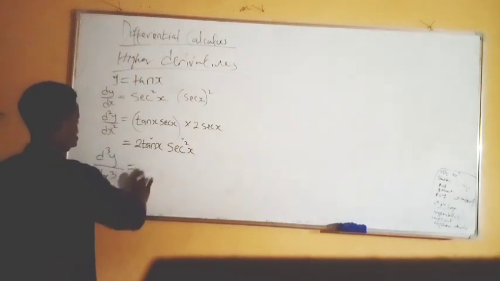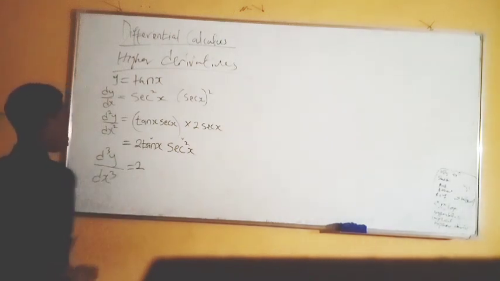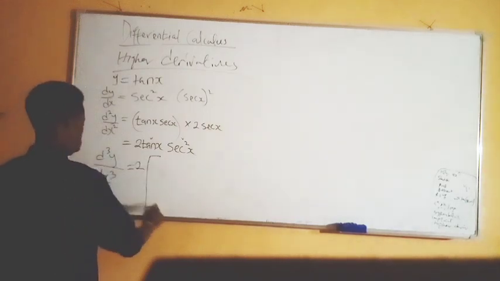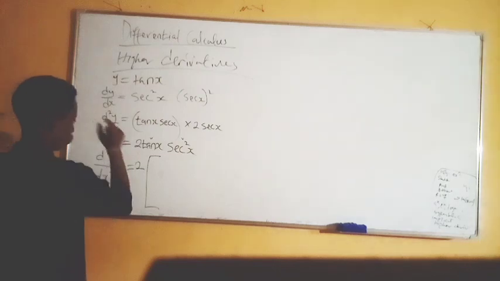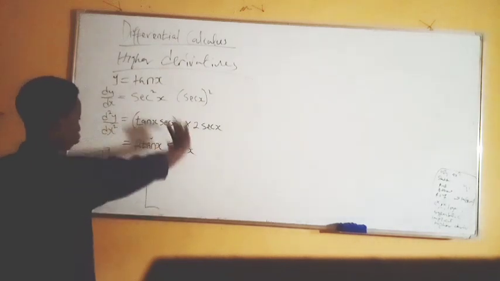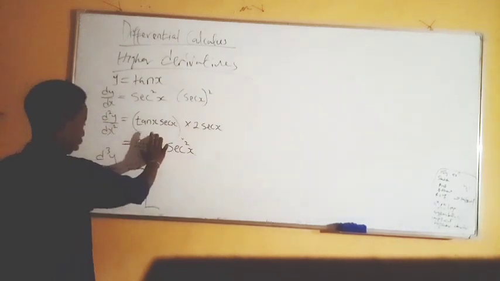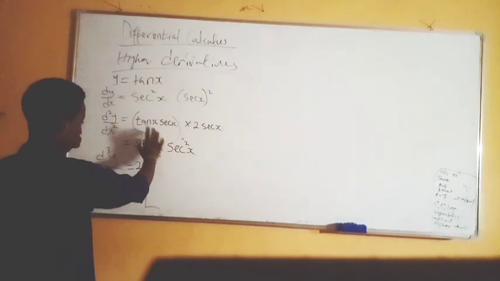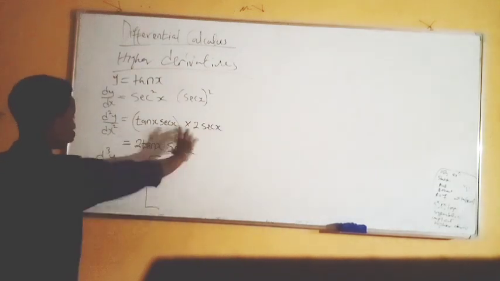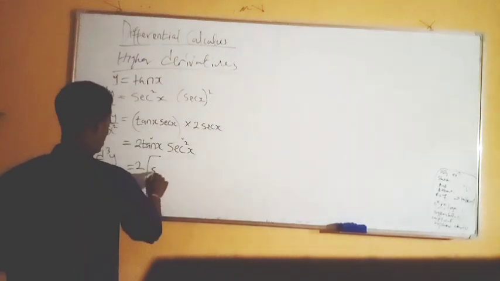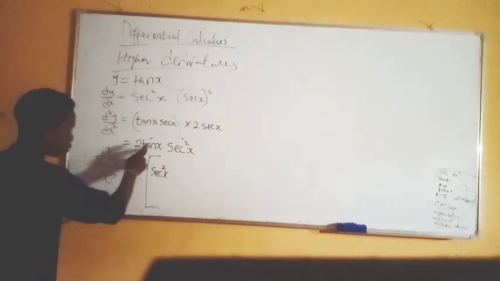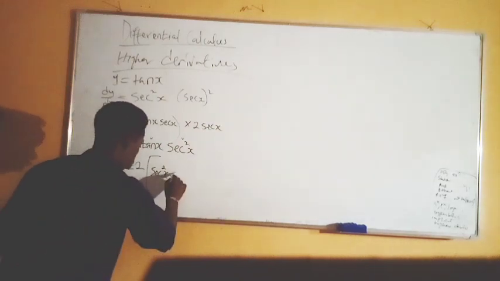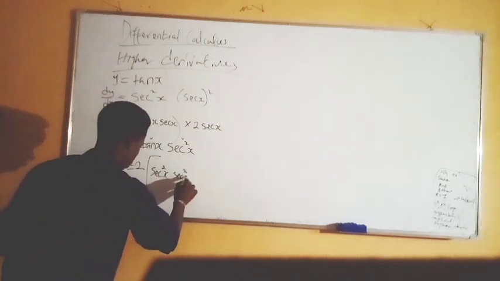So, bring it out. The formula for the product rule is v du/dx plus u dv/dx. So v is sec squared x multiplied by du/dx. If I differentiate tan x, I get sec squared x.